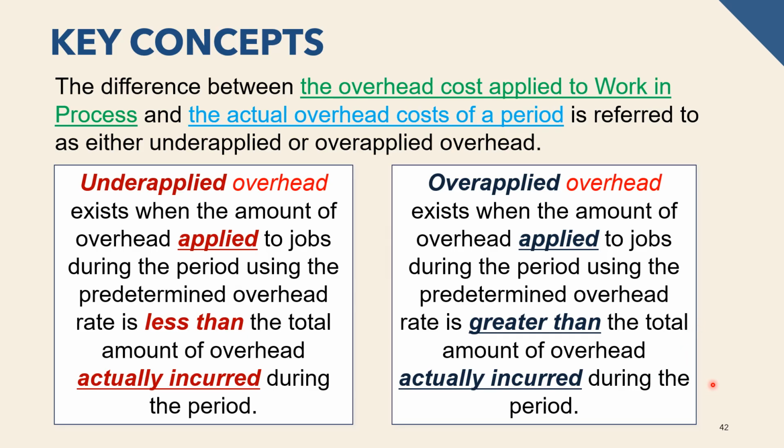In conclusion, if you applied less than what is actually incurred, then you under-apply overhead. But if you applied greater than what is actually incurred, that means you over-applied overhead.